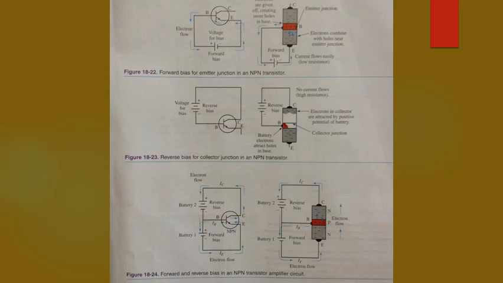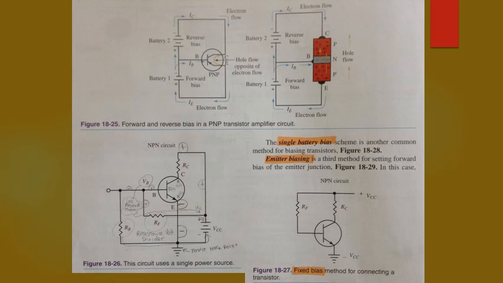The same type of bias is needed for operation of a PNP transistor amplifier, figure 18-25. The currents for each circuit are labeled. IE is for emitter current, IC is for collector current, and IB is for base current. The emitter junction bias is provided by battery 1 and the collector junction bias is provided by battery 2.